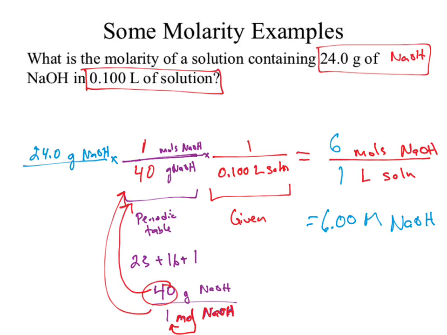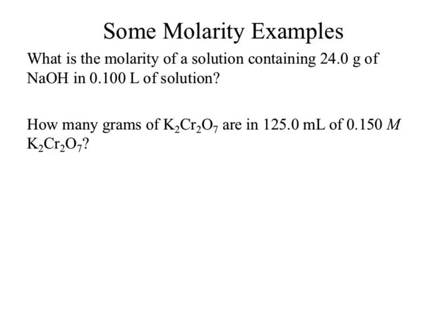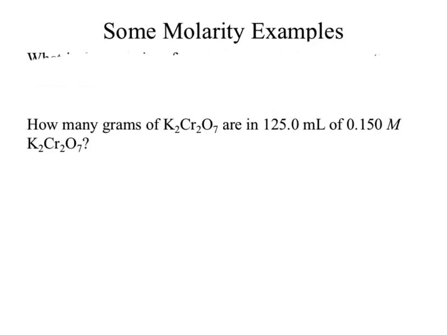So that means we could totally do another one really quickly and easily. How many grams of potassium dichromate are in 125 milliliters of 0.15 molar potassium dichromate? What do I want? That's a lot of stuff to write out, so I don't want to write all that out.